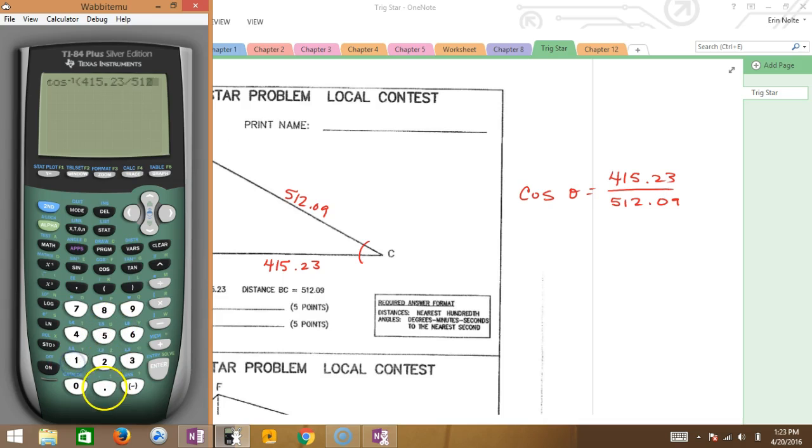We'll get our angle in degrees, and the answer is going to be 35.82. But that is a degree measure, and we want it in degrees, minutes, and seconds. On the calculator, it converts it for you. If you hit second, angle, you can go down to number 4, and it will convert it to degrees, minutes, and seconds for you.